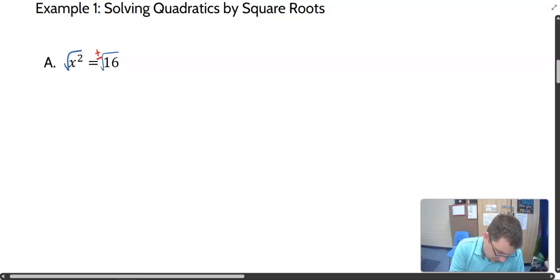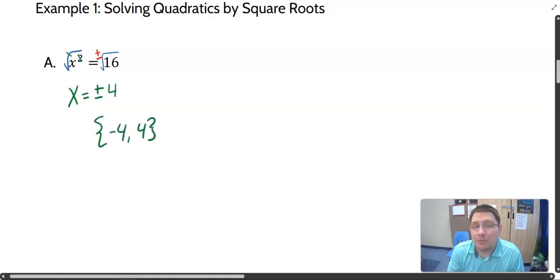And so on the left side, the square root and the square cancel out, leaving just the x. On the right side, we have that plus or minus sign, and the square root of 16 is 4. And so we end up with not one answer, but 2. We end up with our 2 answers being negative 4 and positive 4.